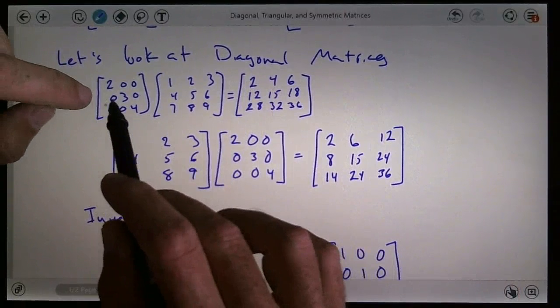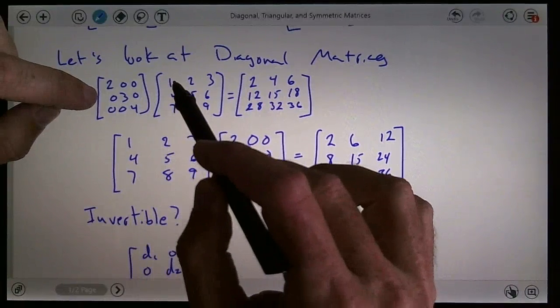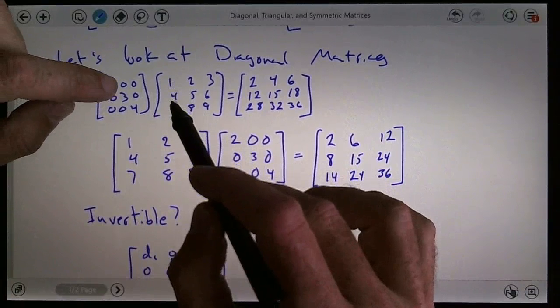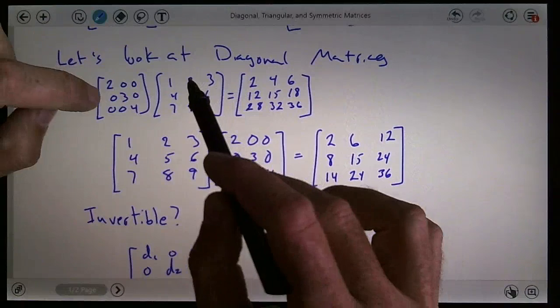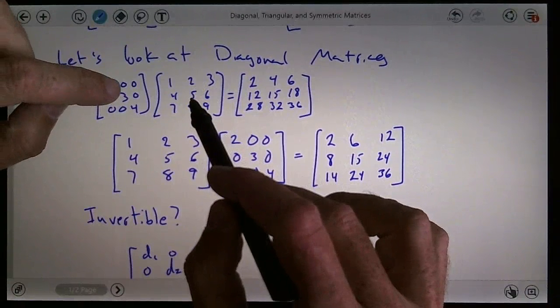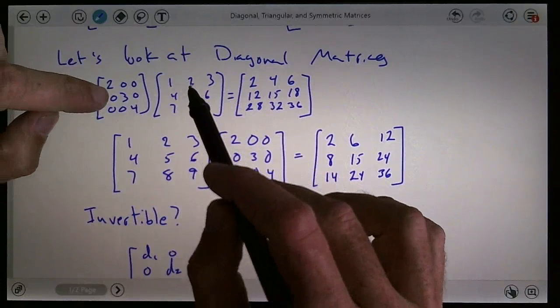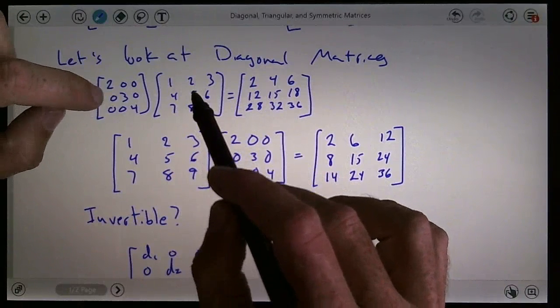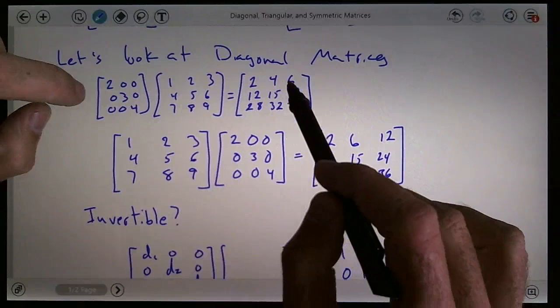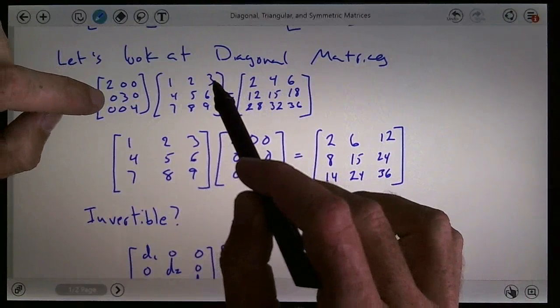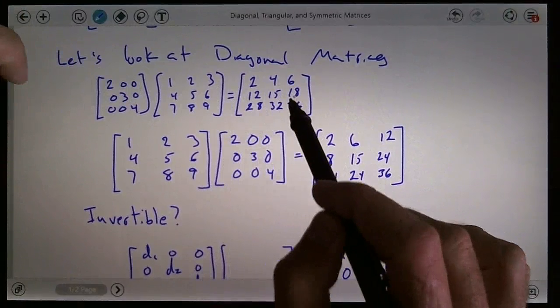Then if I focus on the second row here and do the same thing, 0 plus 12 plus 0, you put a 12 right there. 0 plus 3 times 5, which is 15. And then lastly, the third column, 0, 18, 0. Put an 18 right there.